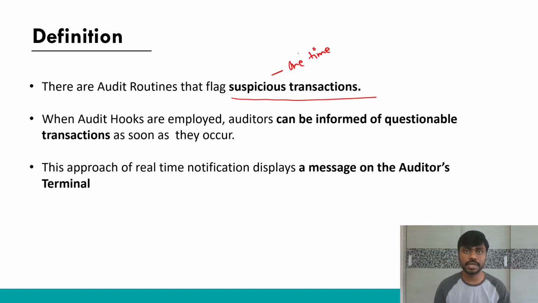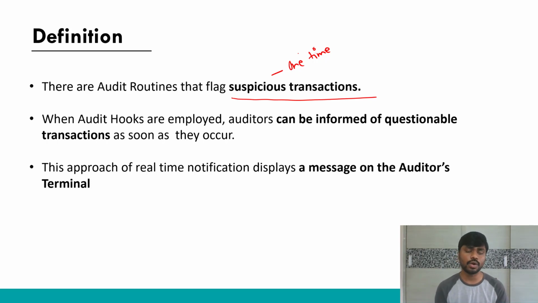If you are doing more invoices with the supplier, why categorize that supplier as one-time? So I configured this criteria in the audit hook software. Whenever more than one transaction happens to a supplier already designated as one-time, the audit hook gives a notification to the auditor, so that the auditor will have a look at the transaction and see whether it is genuine or not.